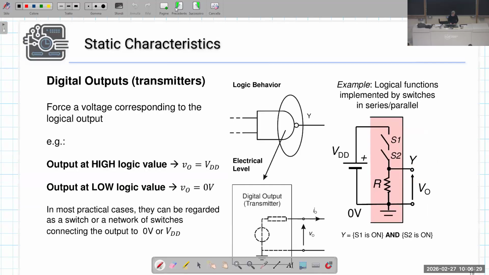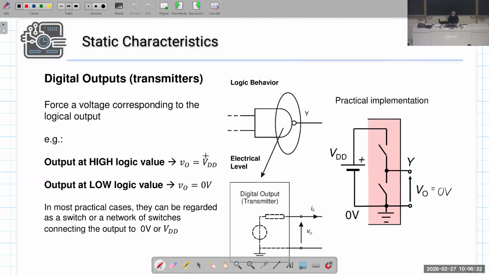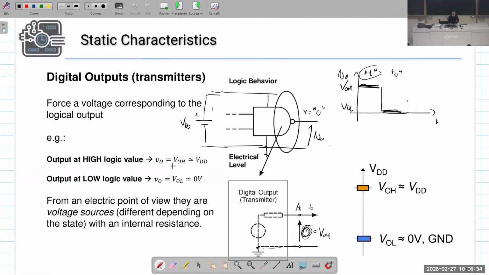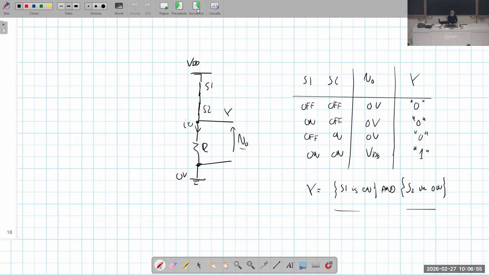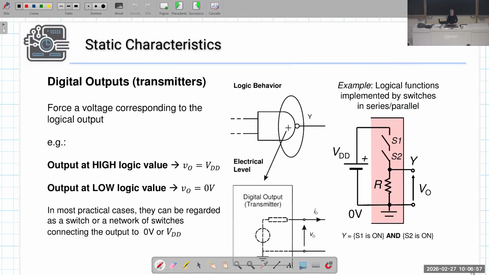In generic terms it is called VOH, V output high. When the output should be low, the gate forces the output voltage to a value VOL that in our specific examples is 0 volt. Okay? So this is how we can describe a digital output in electrical terms.